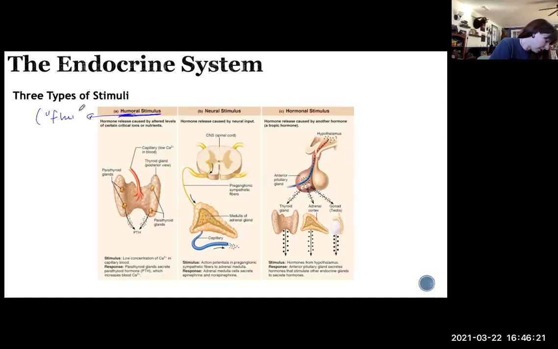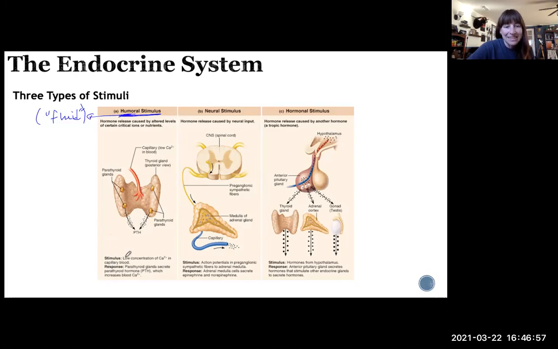Okay, so in some cases, the endocrine gland just literally senses by means of receptors on the surface of its cells when the chemical composition of the surrounding extracellular fluid, the humor that the endocrine gland is bathed in, changes. Sometimes the gland can detect that on its own, and then it's automatically triggered to release a particular hormone, okay?